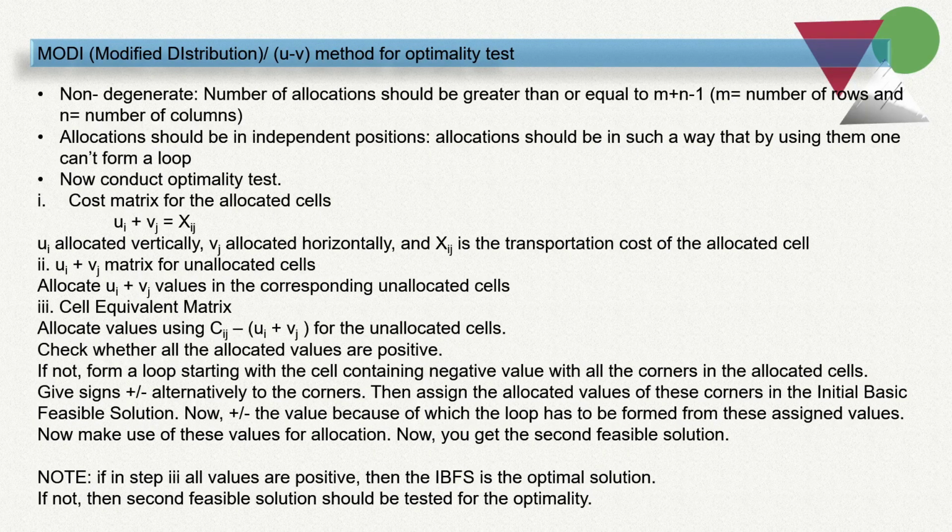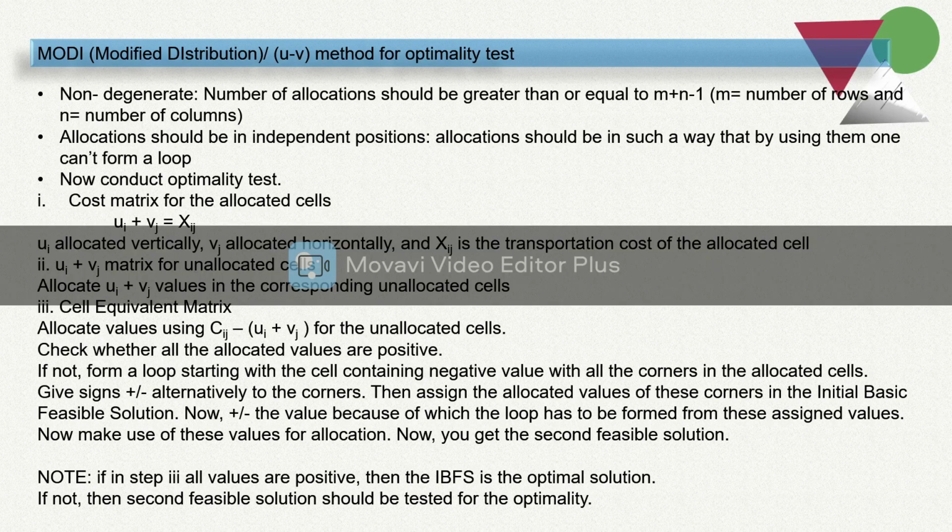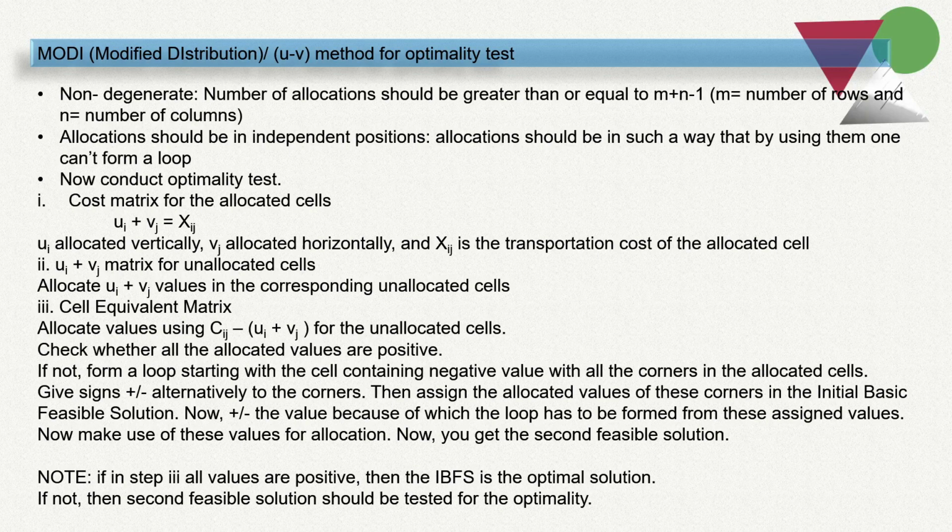Then assign the allocated values of these corners in the initial basic feasible solution. Now, plus or minus the value because of which the loop has to be formed from these assigned values. Now, make use of these values for the allocation. Now, you get the second basic feasible solution.